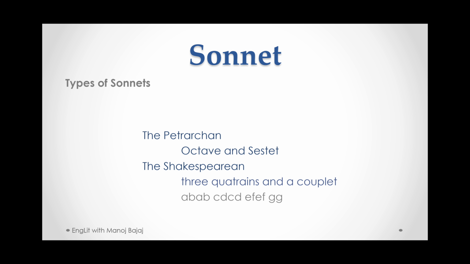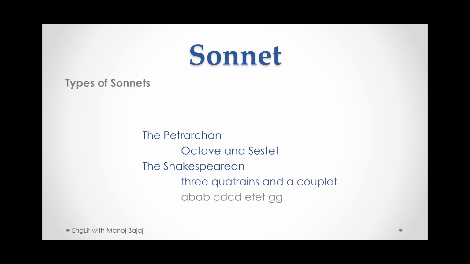The first and the most common sonnet form is the Petrarchan model, which is also known as the Italian model of sonnet. This is named after one of its greatest practitioners, the Italian poet Petrarch. The Petrarchan sonnet is a little complex in style.